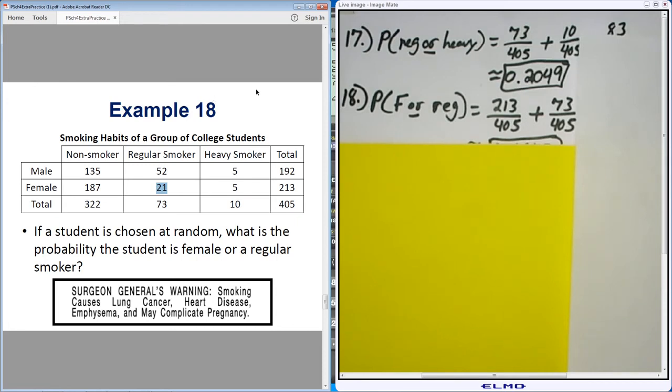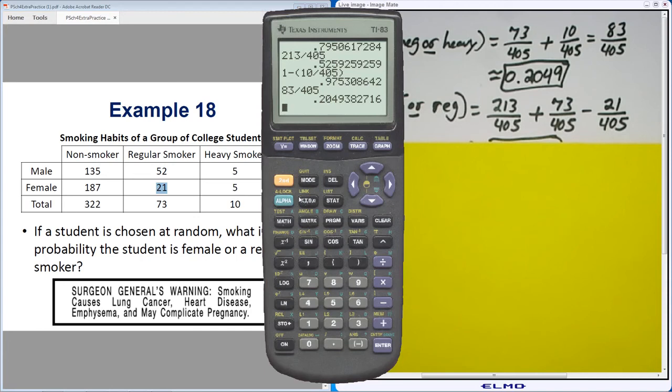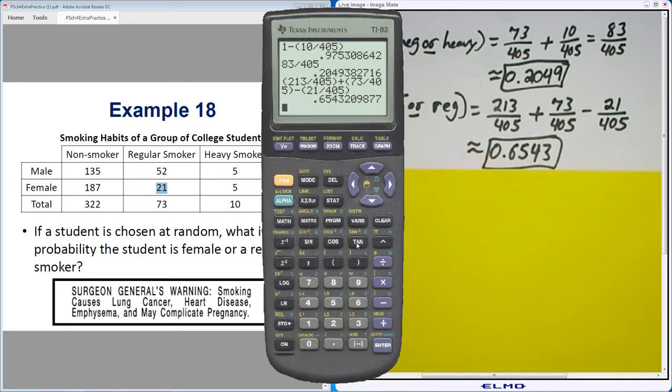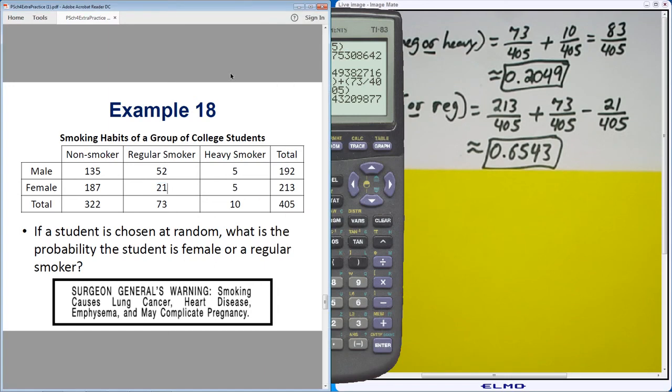So I've double counted them. I'll need to subtract them back out. At this point, we can use the calculator to do the rest. Again, I put my fractions in parentheses. You don't really have to, but I like to do that. When I press enter, I get my answer, 0.6543.